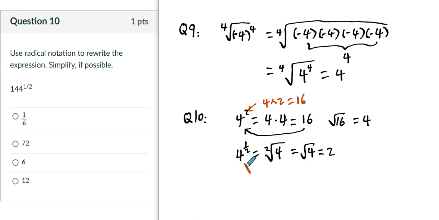How about this one? This one you do 4, arrow up, 1/2. And you know 1/2 is 0.5. So you still get 2.